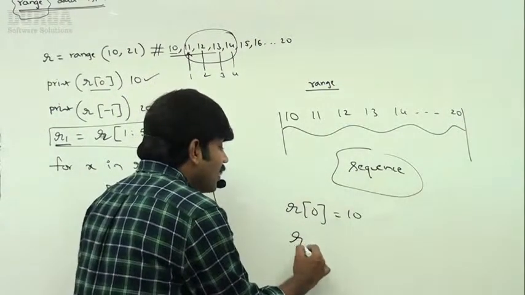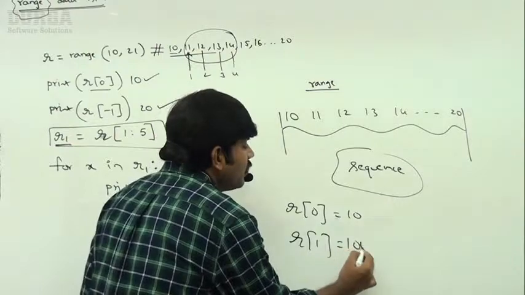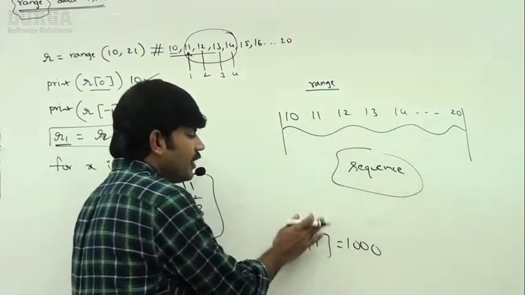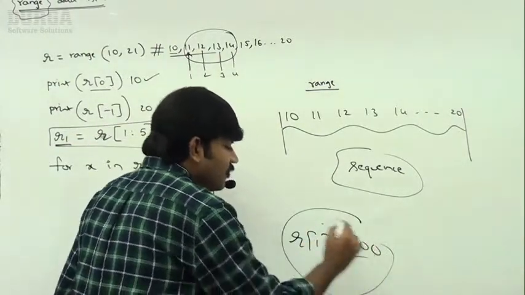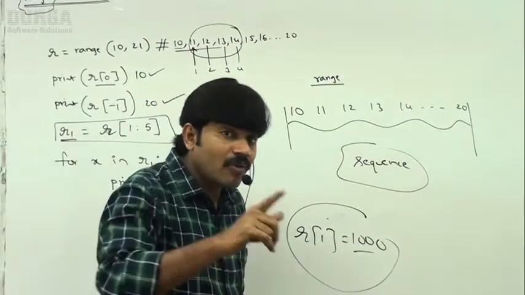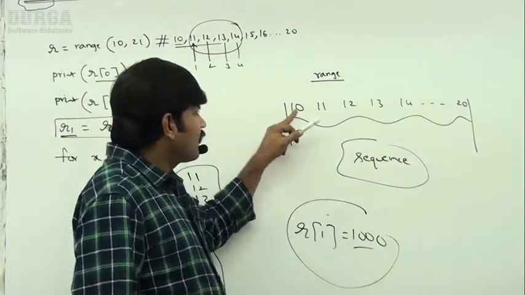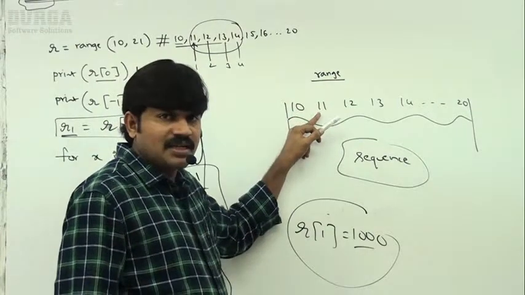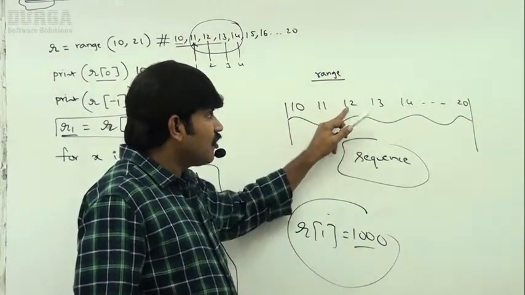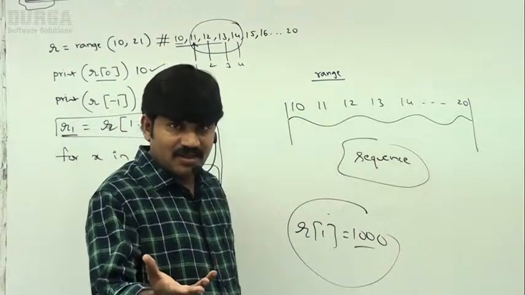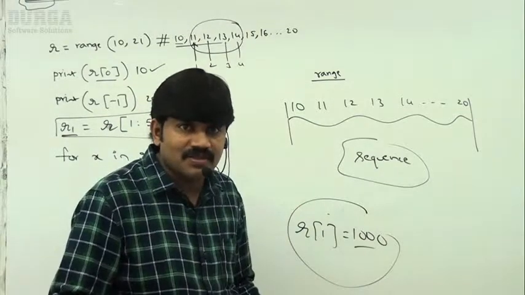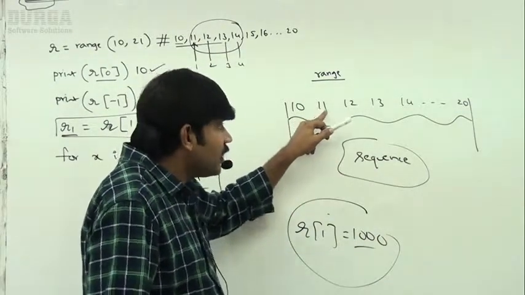Observe carefully. Is it allowed or not allowed? After 10, instead of 11, 1000, and then 12, and then 13 is meaningless. Once it is a sequence of numbers, how can you add 1000 in the middle?